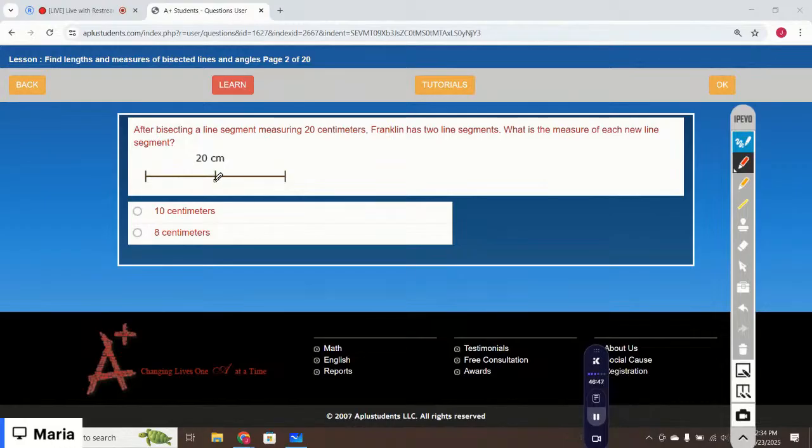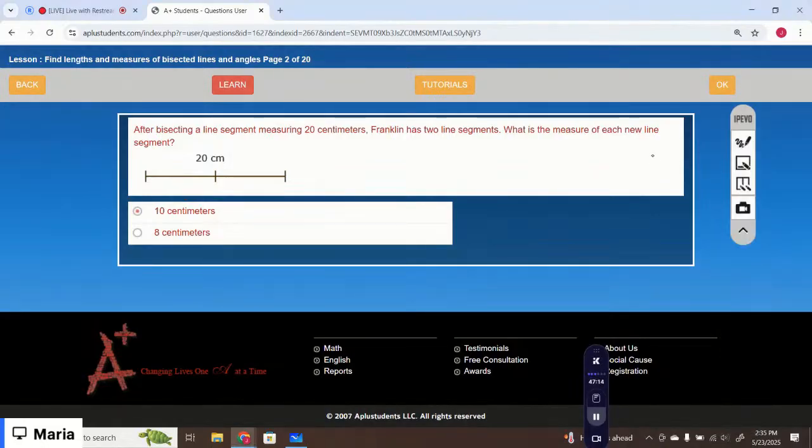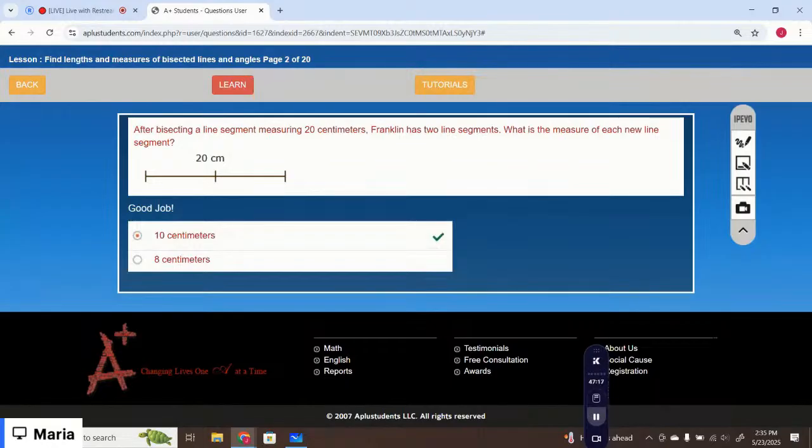After bisecting, it is 10 centimeters and 10 centimeters. So option number 1 is the correct option, that is 10 centimeters.